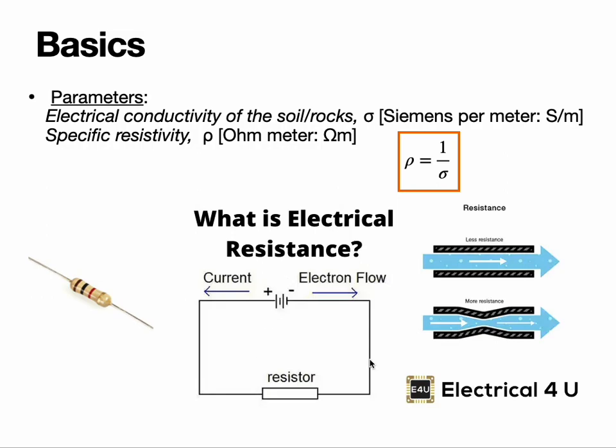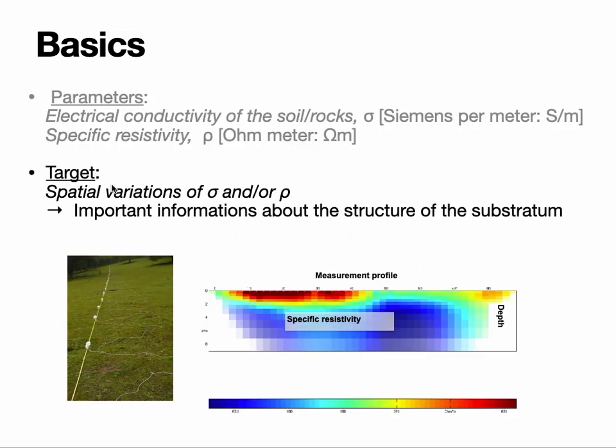You can imagine the resistor as a pipe with a fluid flow going through it. If there is more resistance, then the flow is less efficient. That's exactly what the resistor is doing and what the resistivity in the soil will do. It will limit the transfer of current.